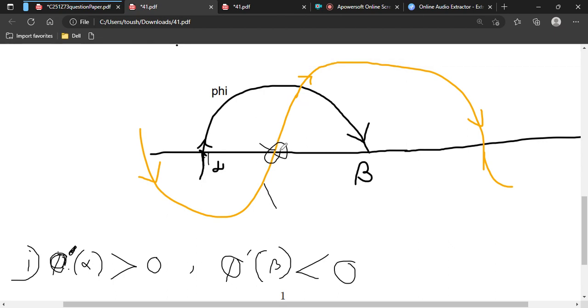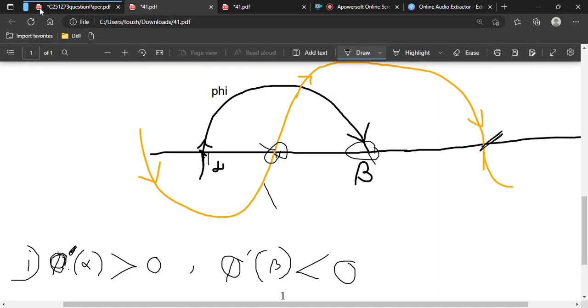This is the point of 0. Then between these two zeros of psi, this is a point of 0, and this is a point of 0 of psi, you are getting this zero beta. In this way, the Sturm separation theorem actually goes.